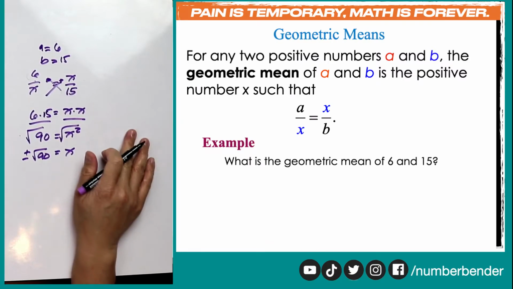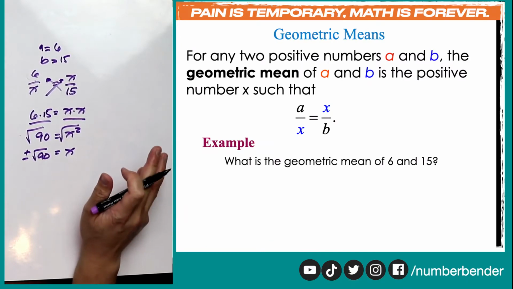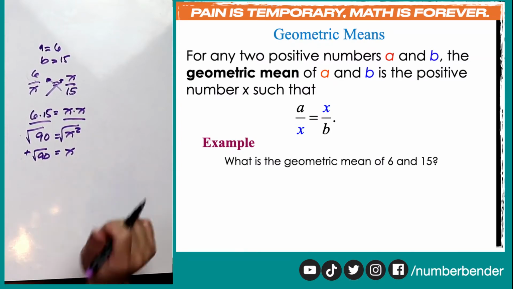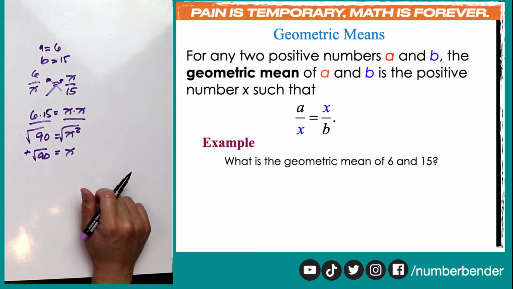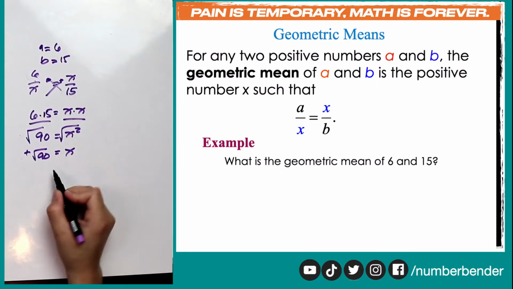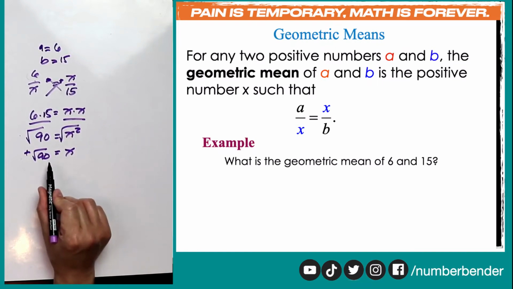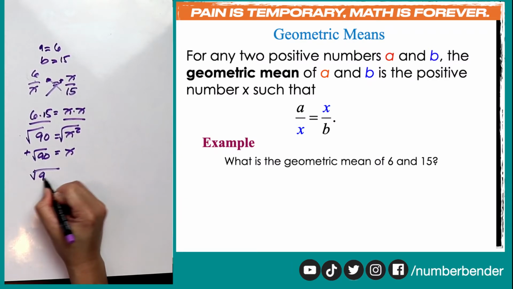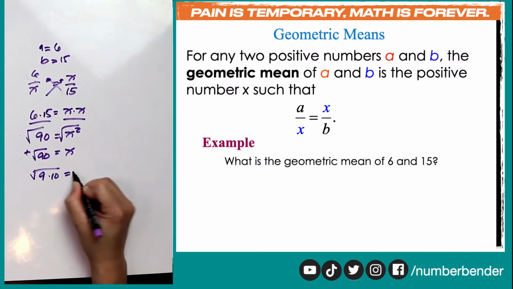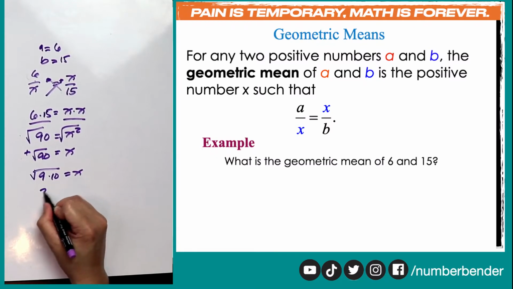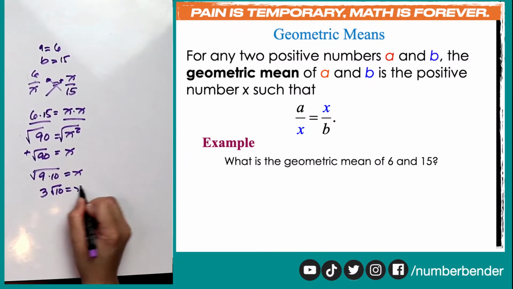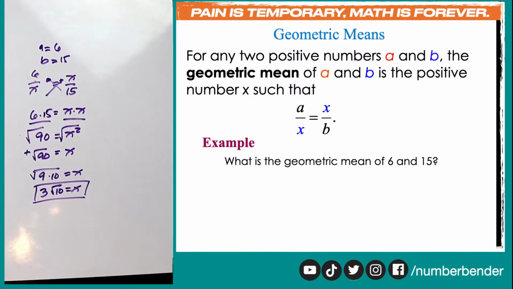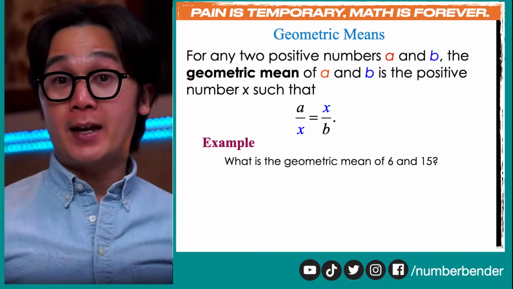But since we are dealing with measurements in geometry, we're going to ignore the negative value of x in this particular equation, and we'll just focus on the positive value of x, which is the square root of 90, which we can further simplify into 9 and 10, which gives us 3 square root of 10 as the simplest form of the radical expression square root of 90.